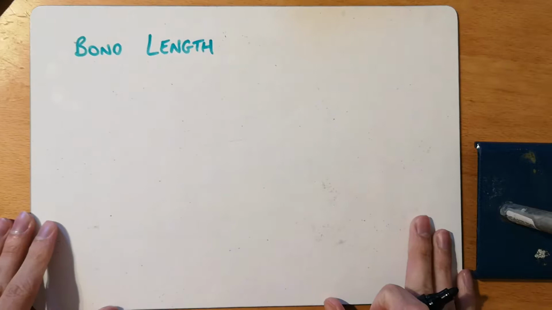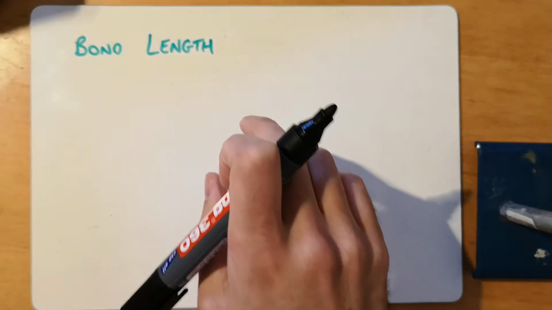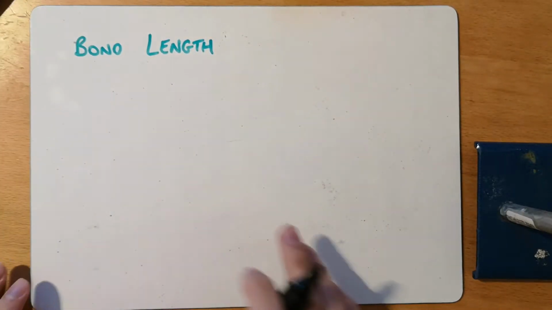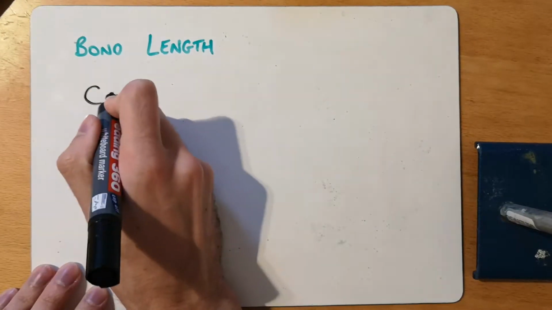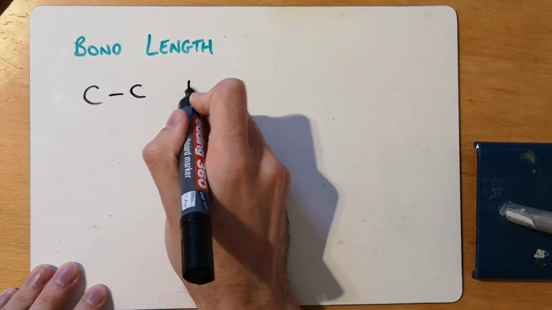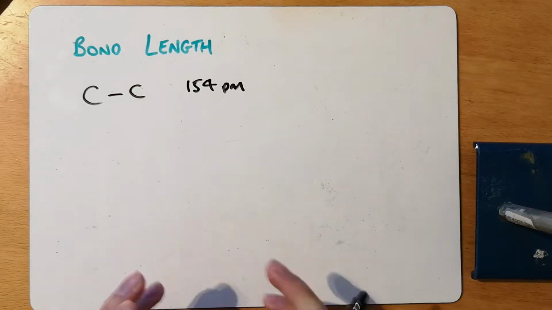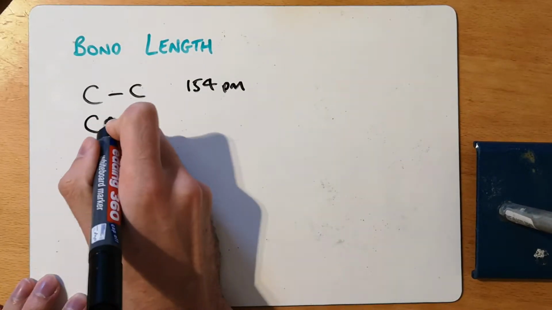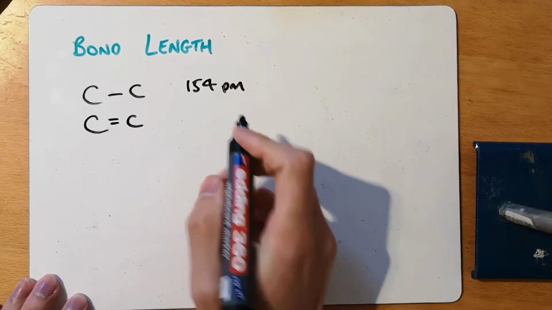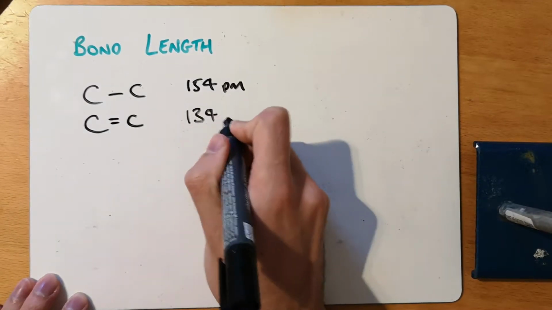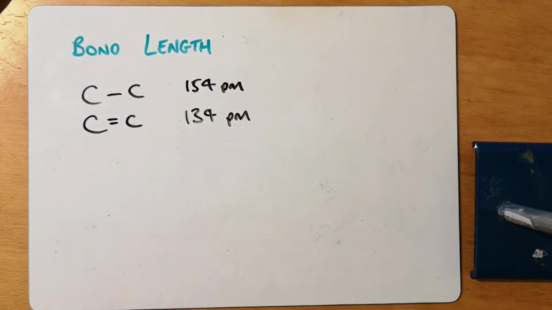The second one is the bond length. When we have a look at the bond lengths, a carbon to carbon single bond is approximately 154 pm. But a carbon double bond length is 134 pm, so even smaller.